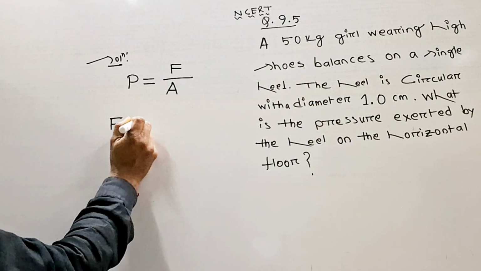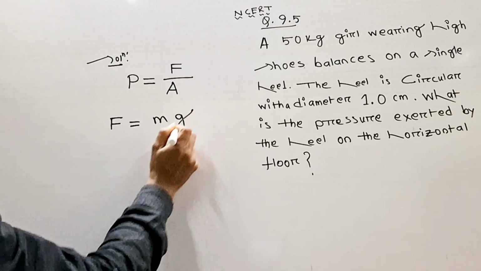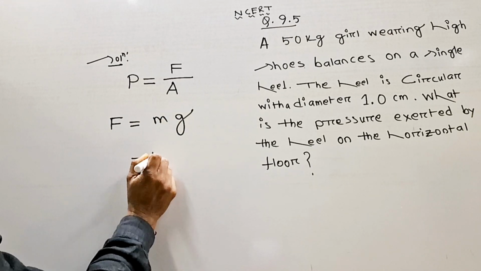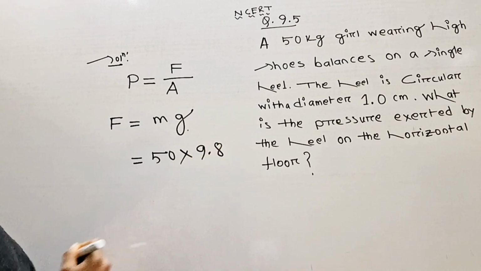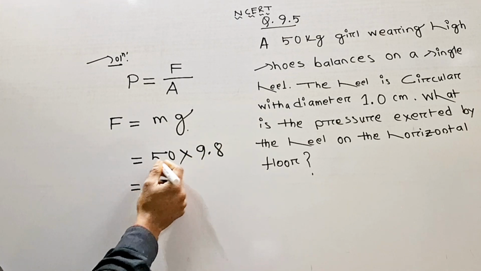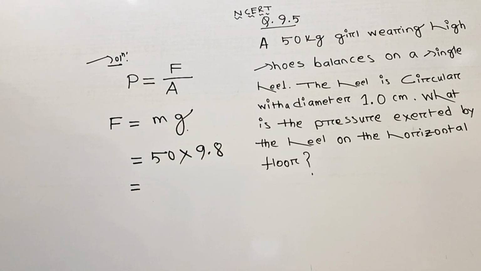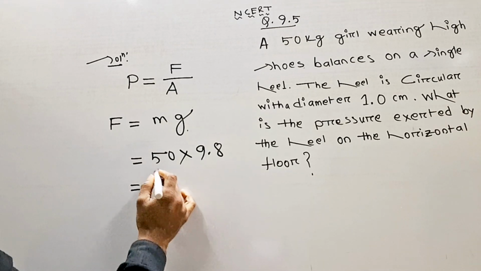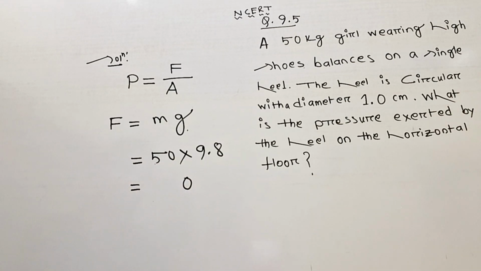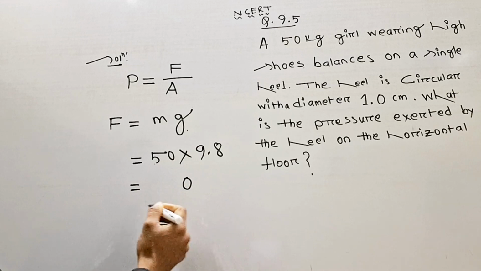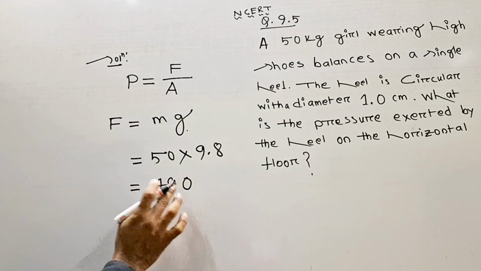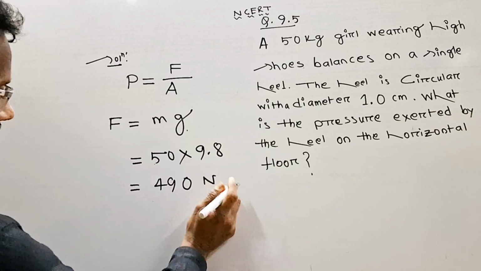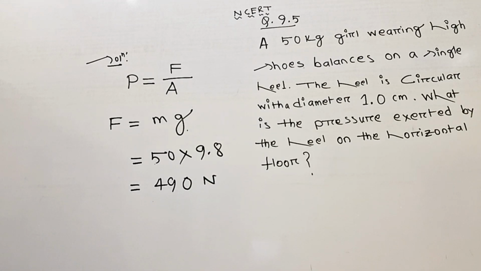Therefore, F is mg, that is 50 into 9.8. If you multiply this, it will be 490 Newton. This is the force calculated here.